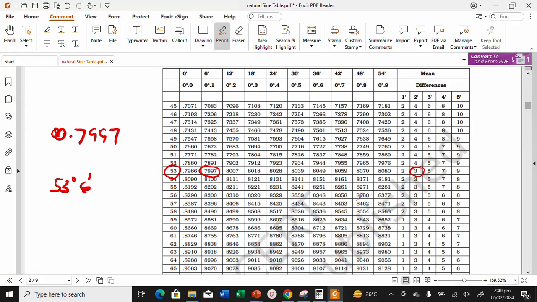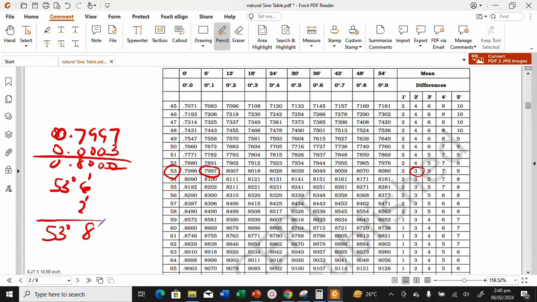The mean difference is 3, so if you add 3 here, this gives you 0.008. That means we add 2 minutes, so this will be 53 degrees 8 minutes.